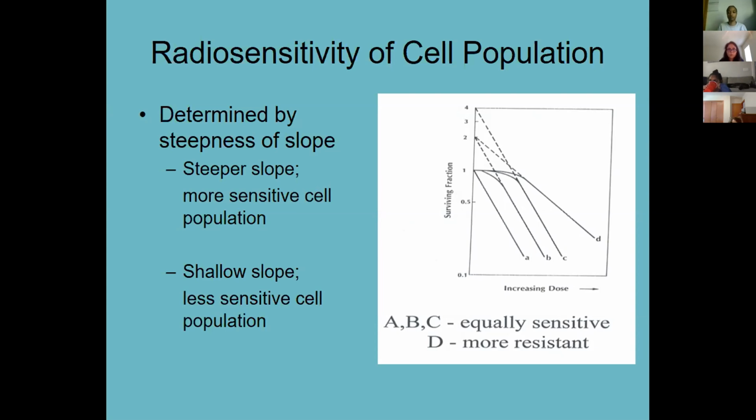We said A through C are all exponential, right? No, only A is exponential. It's the only one that's a straight line. You see, this one has a shoulder, this one has a shoulder, this one has a shoulder. These are sigmoidal, but you look at the slope of the straight line or the exponential portion of the curves.